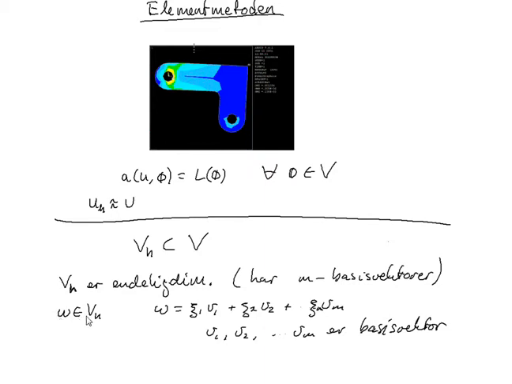Any function in this space is of the form xi1 v1 plus xi2 v2 and so on up to xi m vm, where we have assumed that we have m basis vectors.